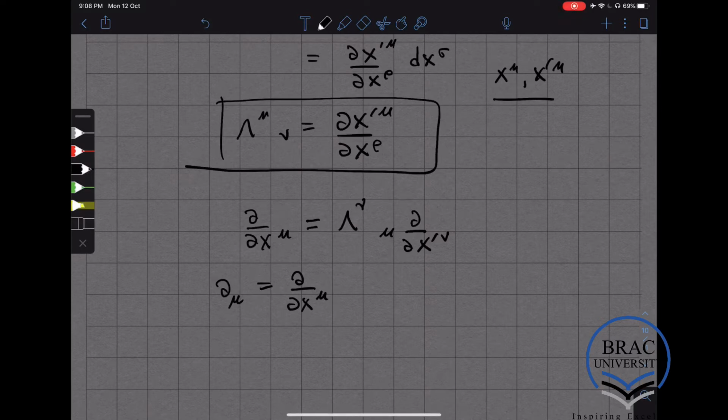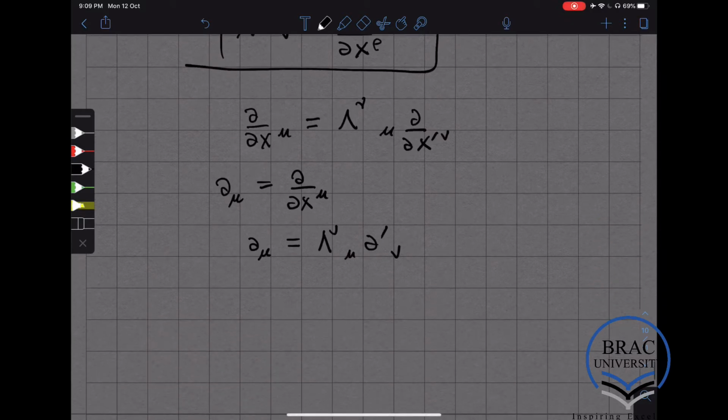And then we can say that under a Lorentz transformation, del of mu transforms as lambda nu mu del prime of nu.